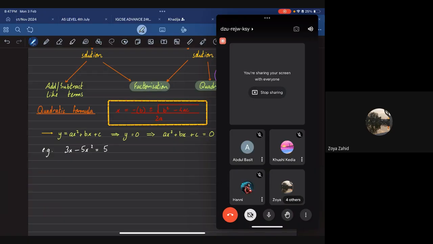For example, if the answer is coming in a decimal of some sort, or in some sort of fraction which you cannot simplify, or if it's not a perfect square, you can leave your answer in surd form. The examiner won't mind that.